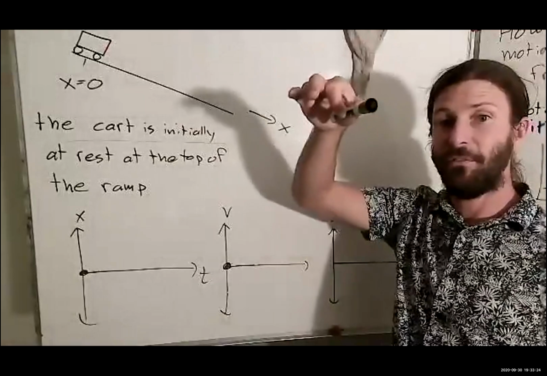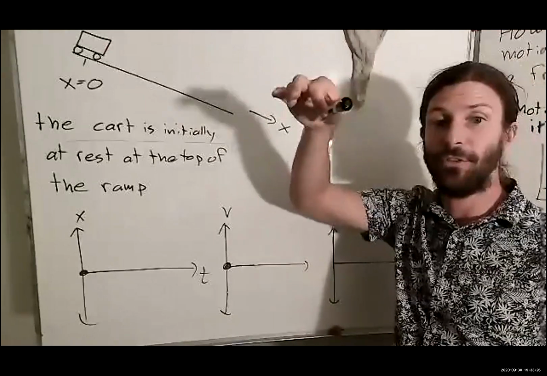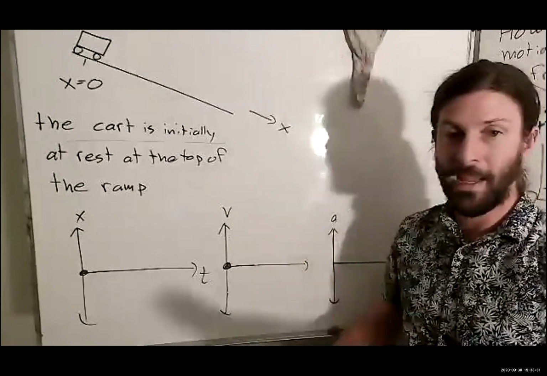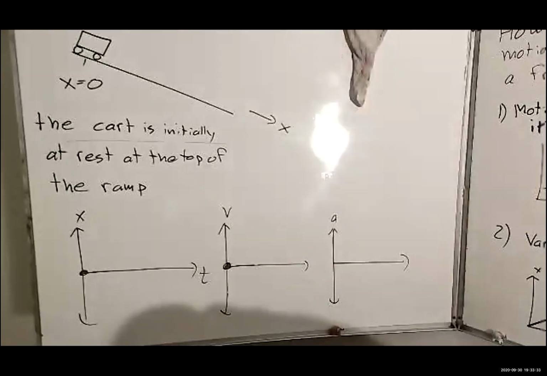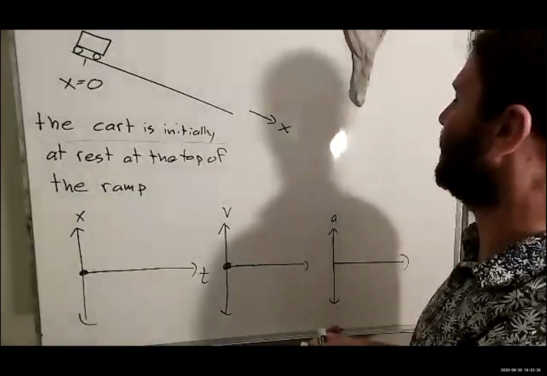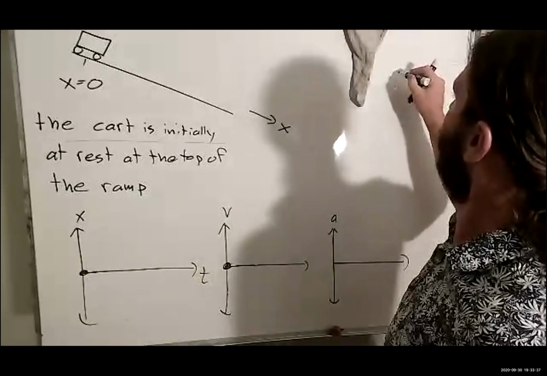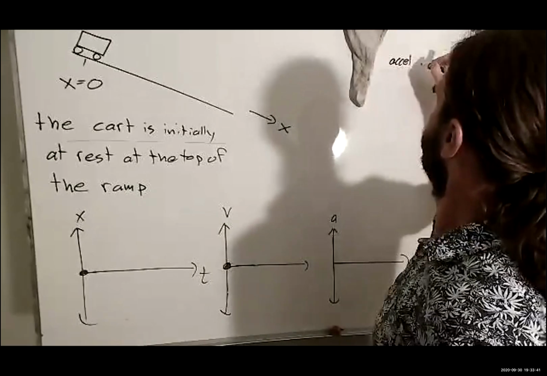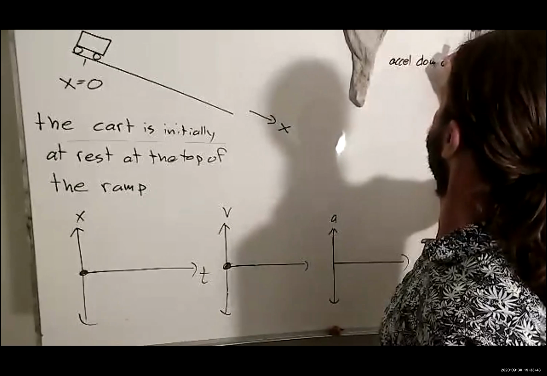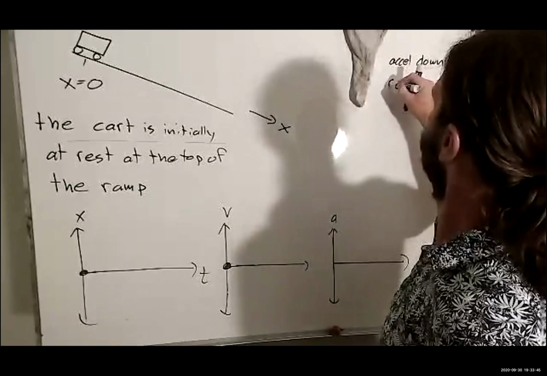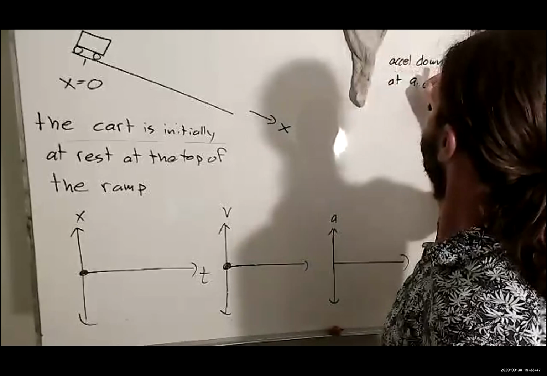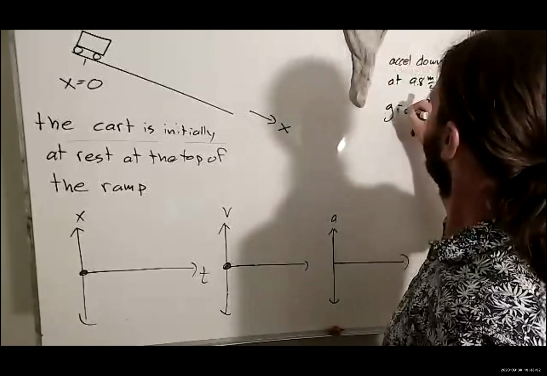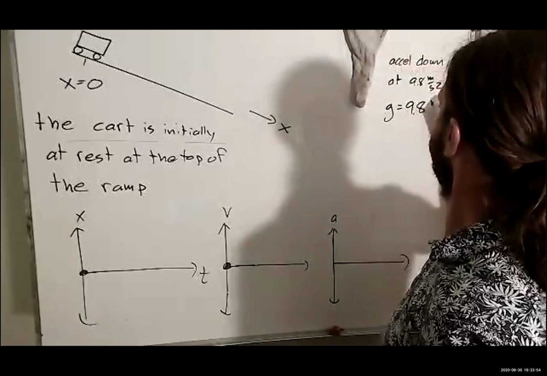An object that falls with no air resistance whatsoever, if I suck the air out of this room, and you're on Earth's surface, we say that things accelerate downward at 9.8 meters per second squared.